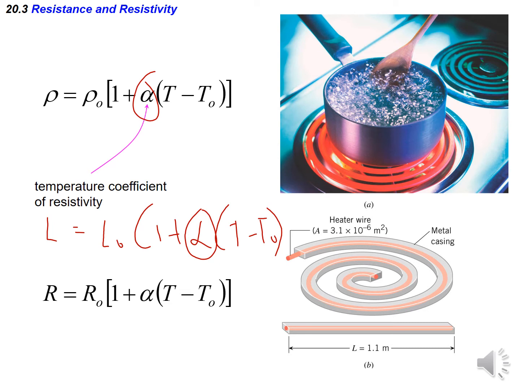But in our case here, the alpha is called the temperature coefficient of resistivity, and that is constant. So for us to get the final resistance, this is the final resistance, this is the initial resistance of the wire or of the conductor, and of course, we have the final temperature and initial temperature of the conductor or of the wire.